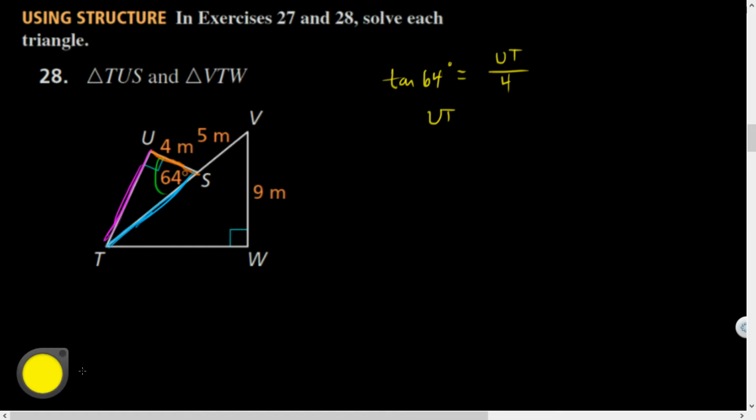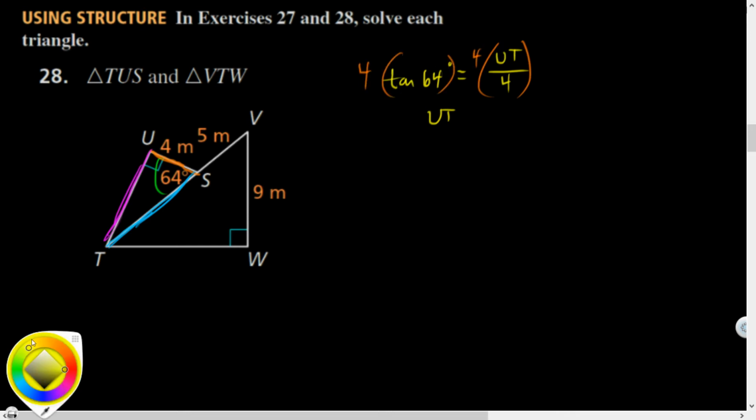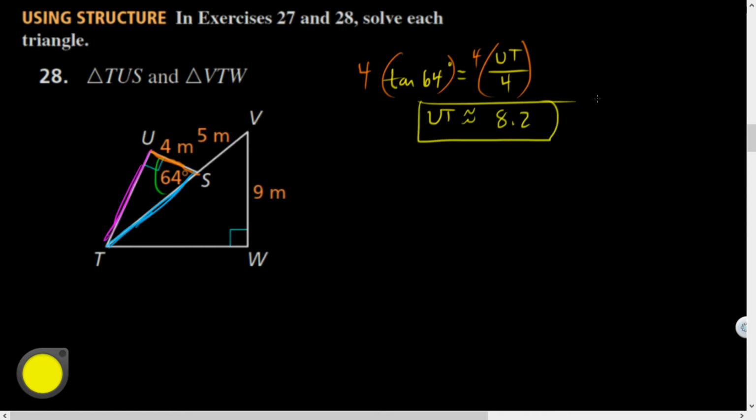I'll write out my step. Multiply both sides by 4. Make sure your calculators are in degree mode today. So ut is going to be 4 times the tan of 64. I got 8.2, I'll call it. I can even label that on my diagram.